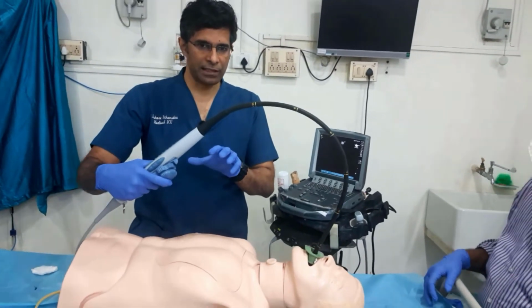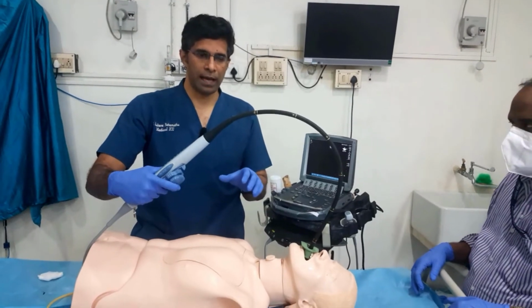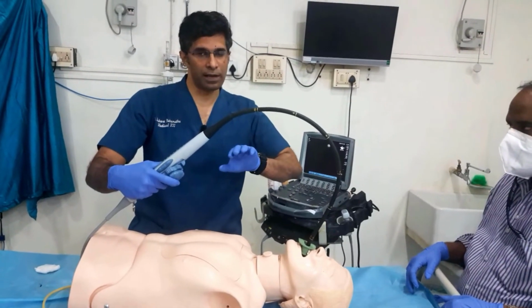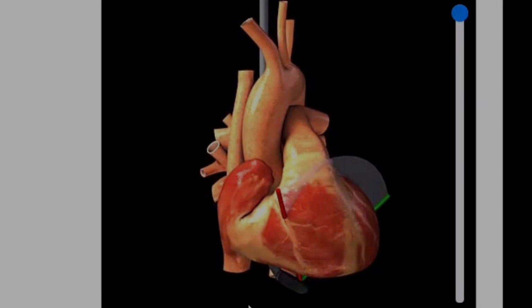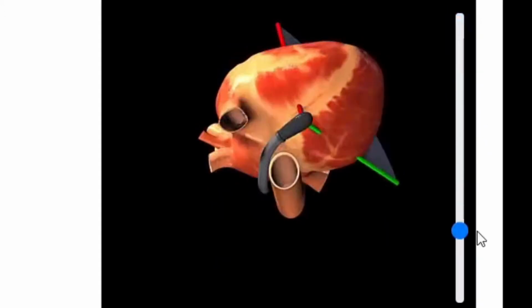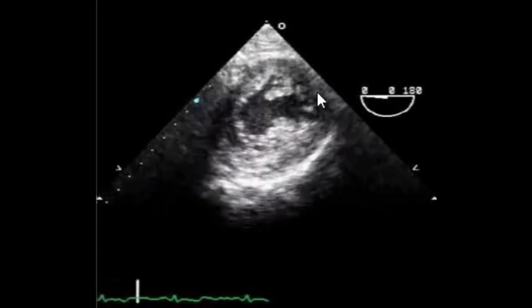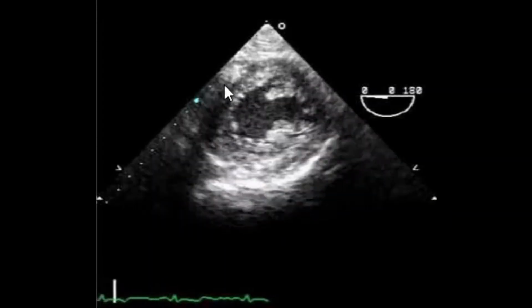And once we've done that, the view that we will get is the short axis view, and we are looking at it through the stomach and the diaphragm. In this view, the heart is being visualized through the stomach, and as you can see here, the probe is actually on the inferior surface of the heart. What you can see is a cross-sectional view of the left ventricle.